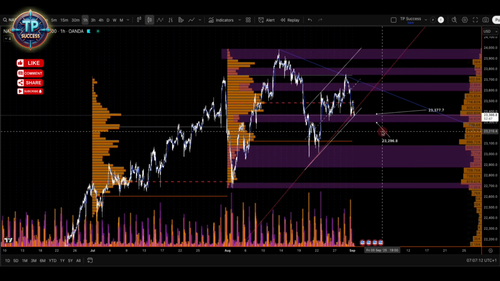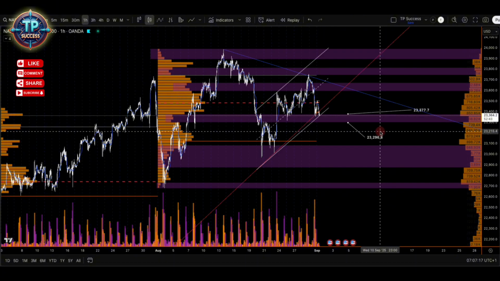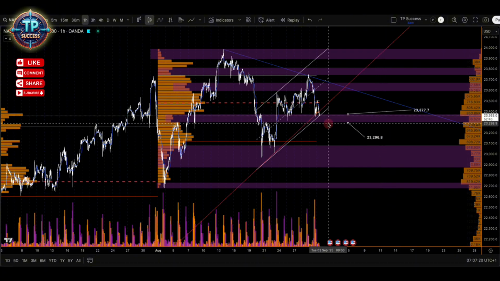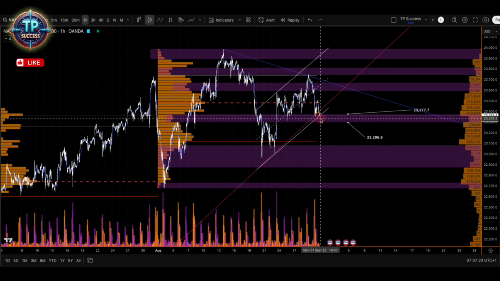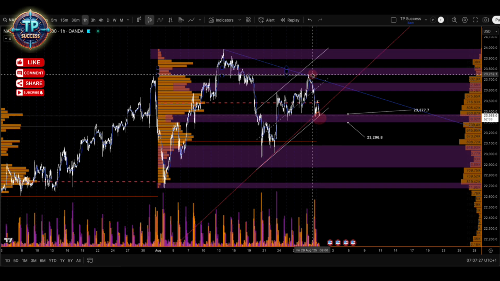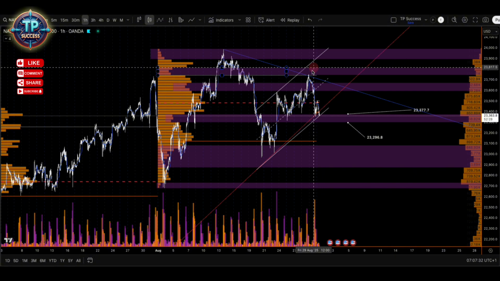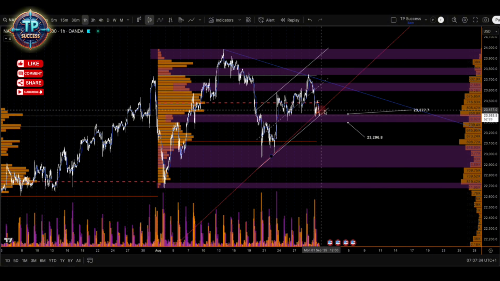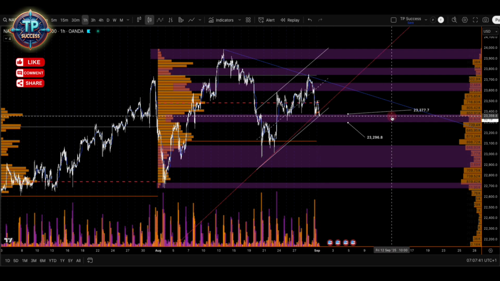We could actually get this move today in terms of opportunities for a sell. We could actually get this move today, believe it or not, because it's already in motion of doing it, but at the same time it could bounce from this location as well. So inside of this trend line that I have just drawn, this whole thing could end up being adjusted if price does bounce from 23,377.